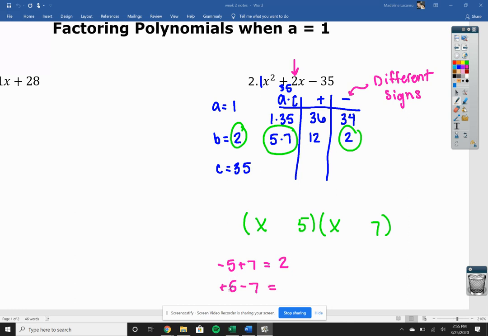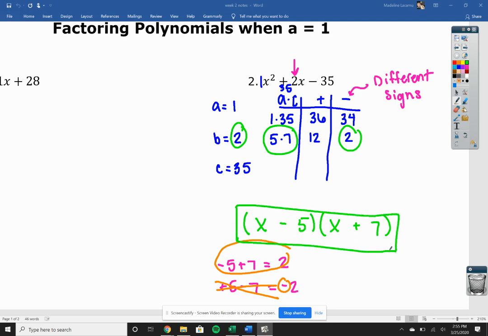Positive 5 minus 7 is negative 2. Now we don't want this one, because that one has this negative. So negative 5 and positive 7 will give us the positive 2. So negative 5, positive 7. And that's our answer.